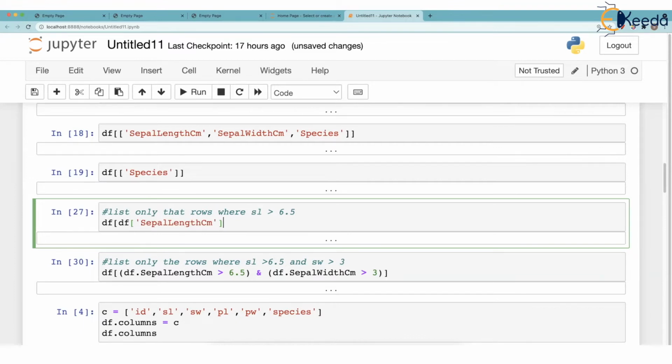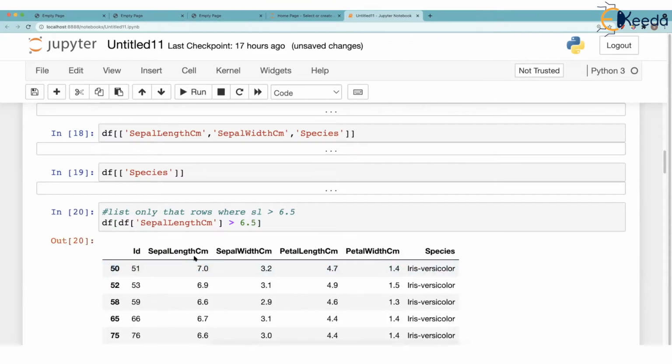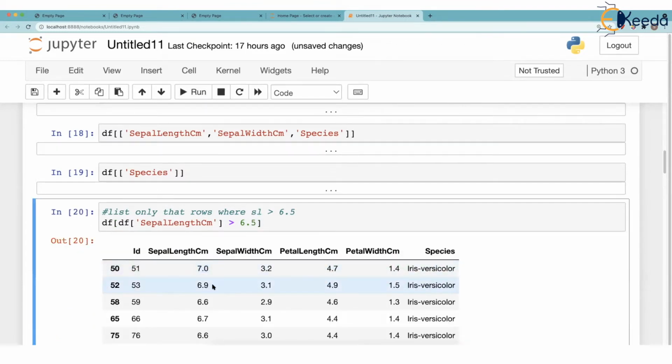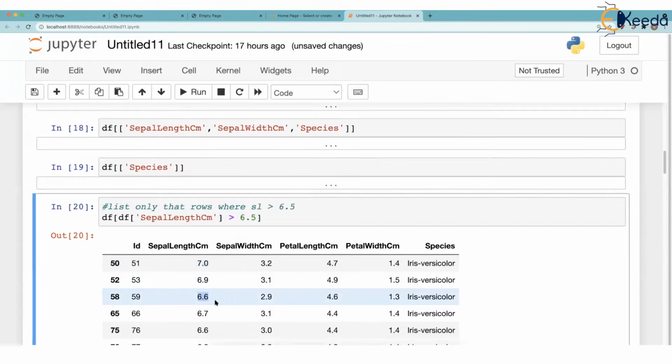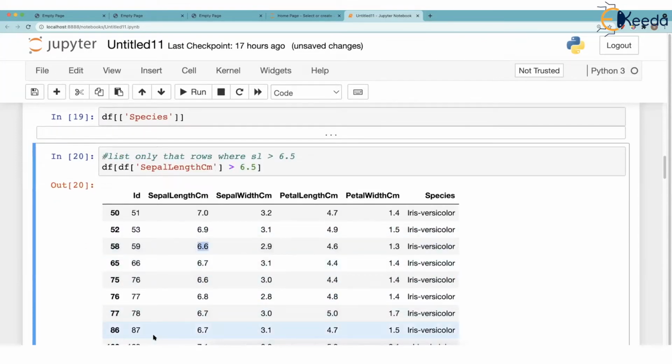Just check the grammar, and then you ask wherever it is greater than 6.5, whichever value of sepal length is greater than 6.5, that row should be shown, and the last square bracket marks the end of this square bracket. So if I run this, it's going to show me only those rows where sepal length is greater than 6.5. So only few rows have been shown, isn't it?